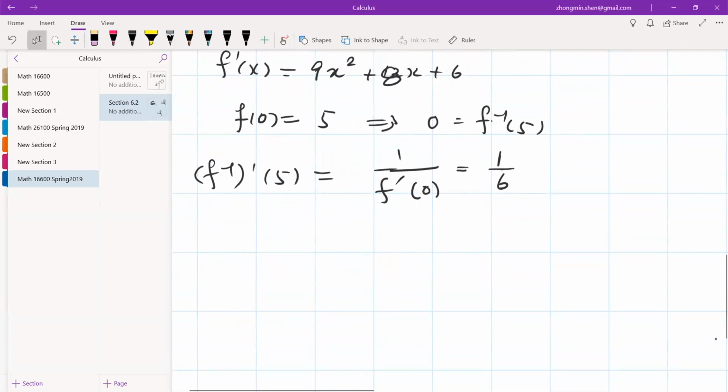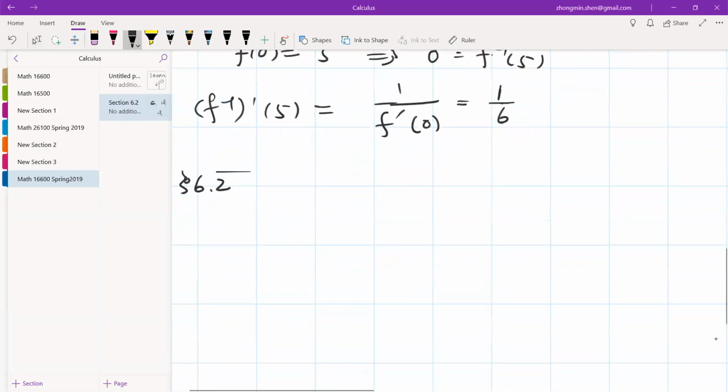How to find the derivative? First of all, let's understand the definition of the exponential function. This is section 6.2.